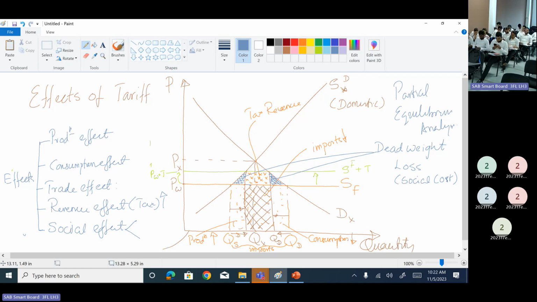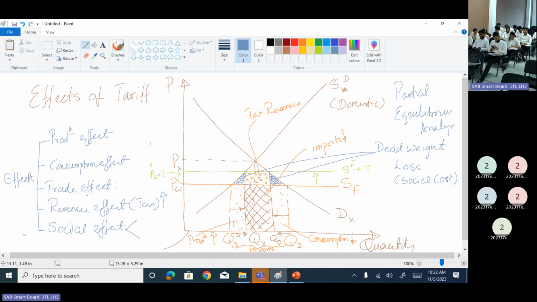Now, within protectionism policy, post tariff, as a result of that, we see there is something restricted.